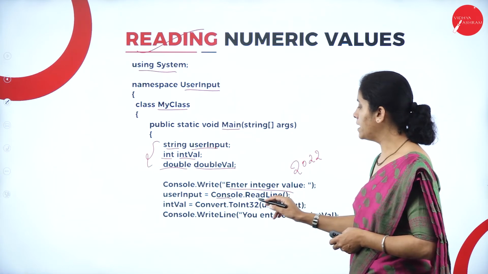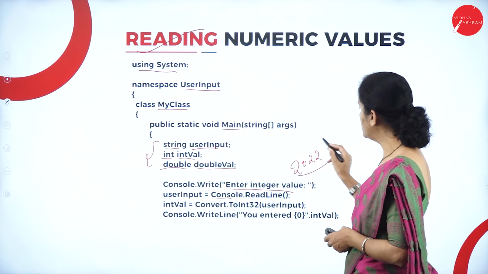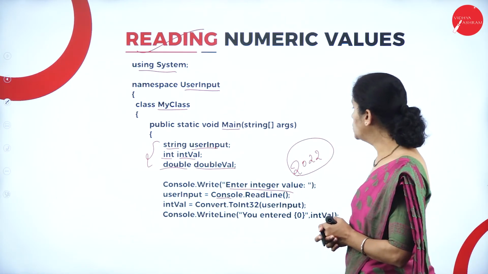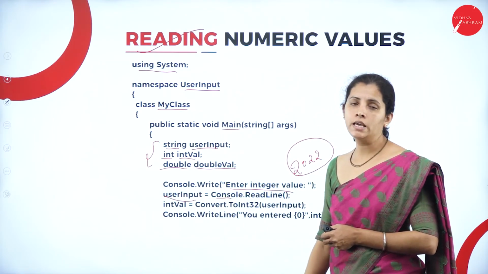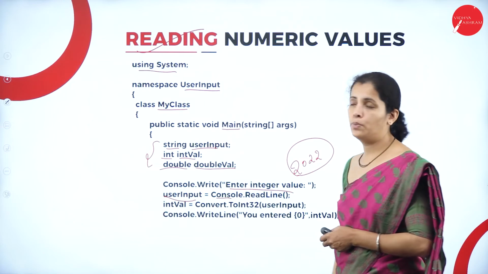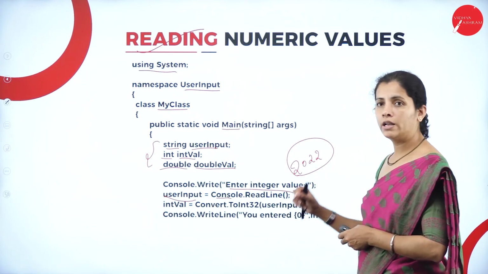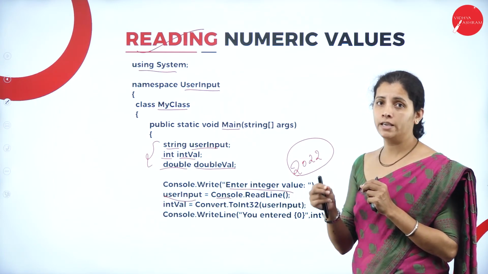Console.ReadLine. When I execute this line, I'm going to enter the input, that is 2022. Now that is stored in userInput. Now I want to convert it, because whatever input I read is in the form of string.